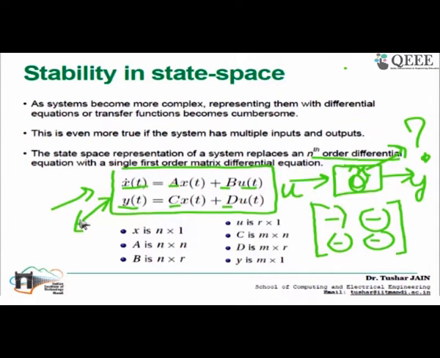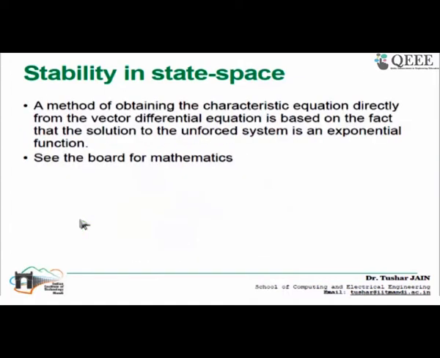We saw the Routh array, we saw the root locus. So it says how we can use this stability analysis on the characteristic equation. And note that it says for the unforced system.